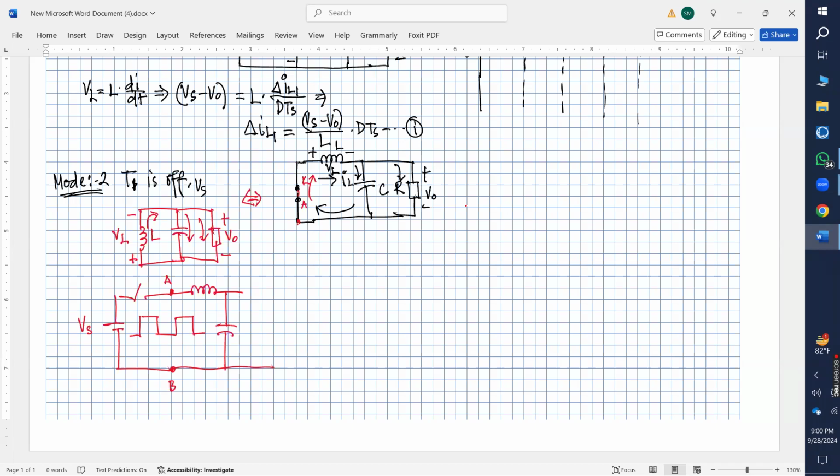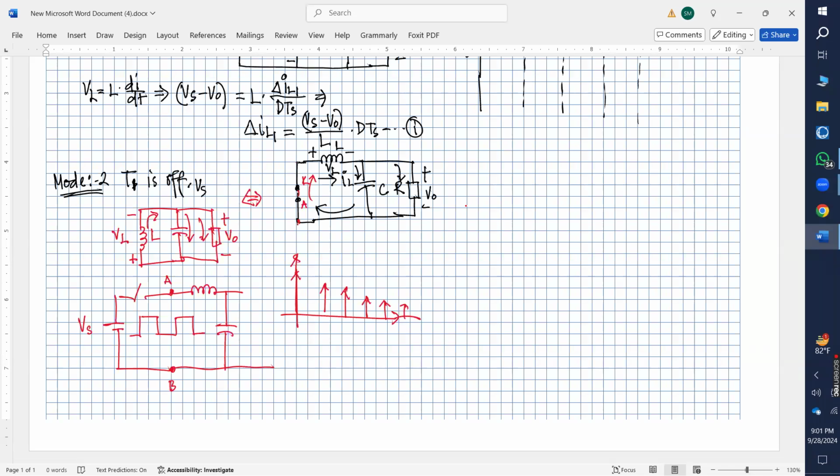If this is not purely DC but a pulsating one, then if you take the Fourier analysis, you will see a lot of spectrum. There should be some DC component, then the fundamental component, then third harmonics, fifth harmonics, seventh harmonics, like that.